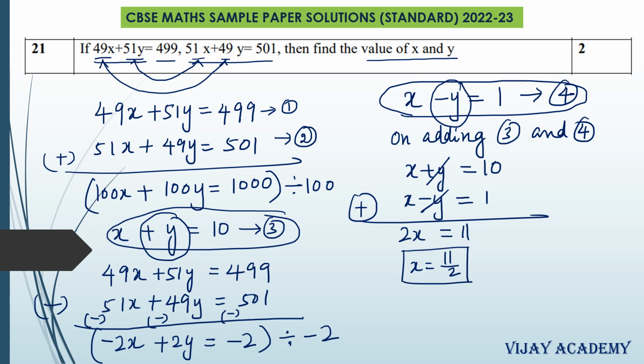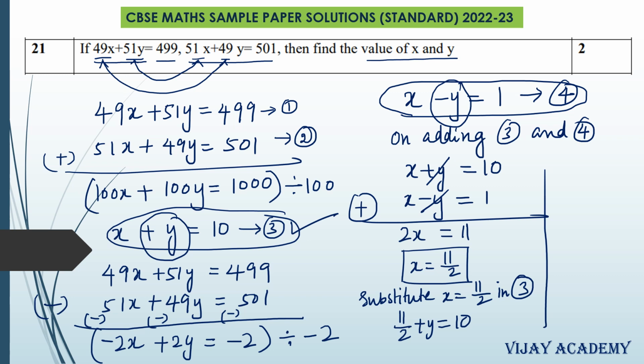Now to find the value of y, substitute x = 11/2 in either of the equations 3 or 4. Let me substitute this in equation number 3. Equation number 3 is x + y = 10. Substituting the value of x, we get 11/2 + y = 10.